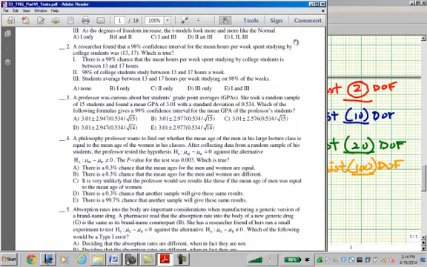Every answer has 0.534, so they all have the right standard deviation, but only 3 of them have the square root of 15. The other 2 have the square root of 14, which is the degrees of freedom. So D and E are out.